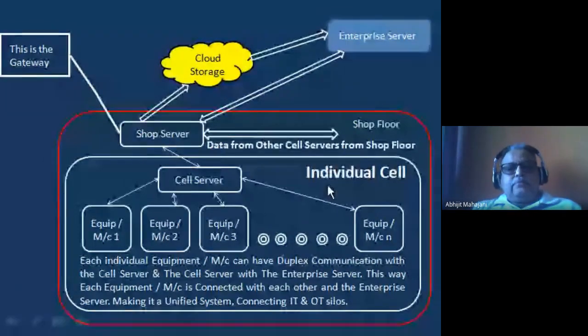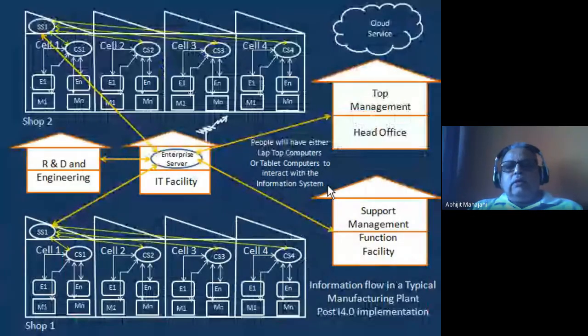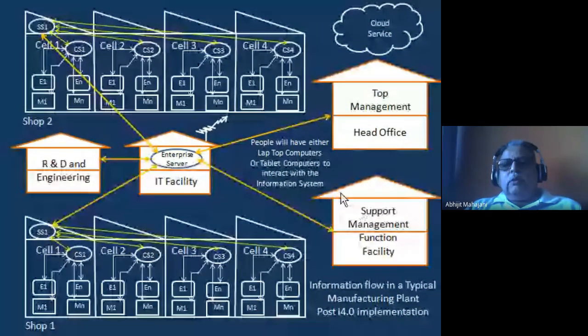Now this is the same represented in a different format. You have stock management sitting in the head office. You have support management function facility. You have R&D. You have IT facility. You have shop one, shop two, shop three, whatever.